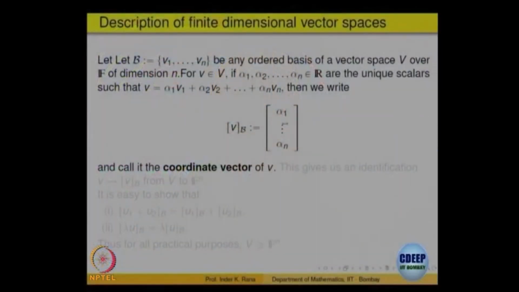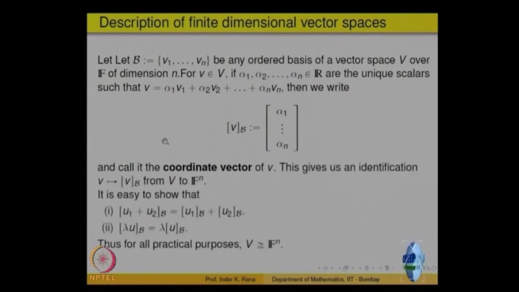So computation becomes possible. For every vector V in the vector space, we are associating a vector in R n, if there are n elements in the basis, and this association is very nice, it preserves everything. If I take two vectors and take the coordinate, that is the same as the coordinates of the individuals added, and the coordinate of a scalar multiple is the scalar multiple of the coordinate. Essentially, for all practical purposes, your vector space V, which is finite dimensional of dimension n, can be recognized as F to the power n.